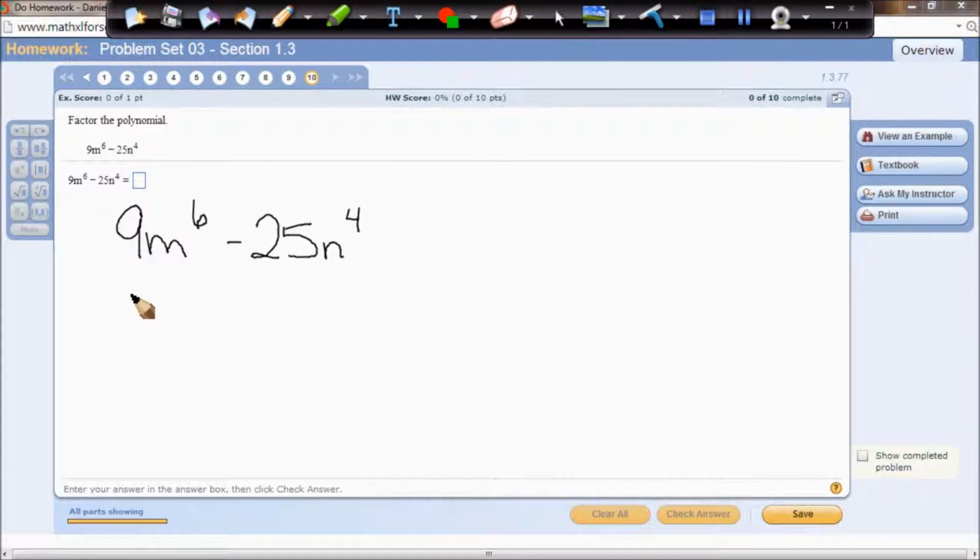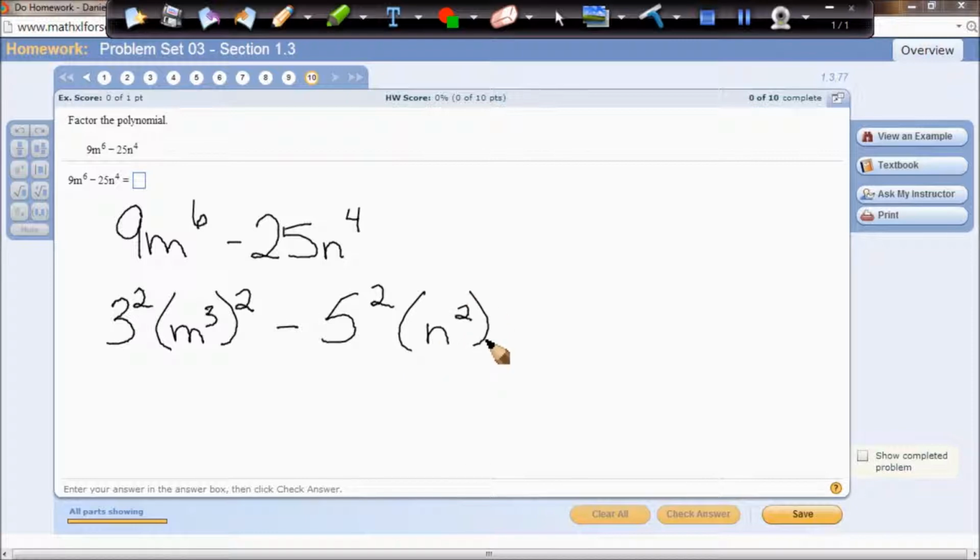This can be rewritten as 3 squared, and this can be rewritten as m cubed squared. So let me write that out. 3 squared, and this is m cubed squared. And then 25 is 5 squared, and n to the 4th is n squared squared. Okay, this might be the confusing part.